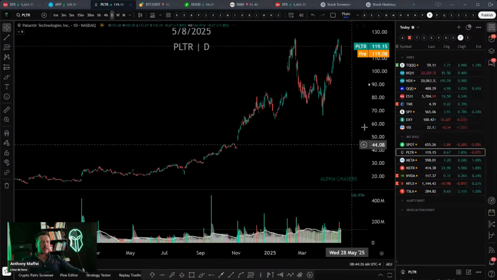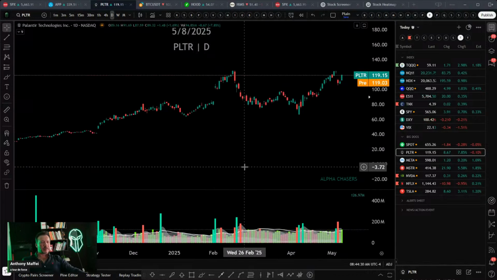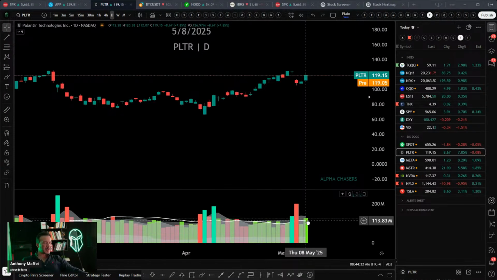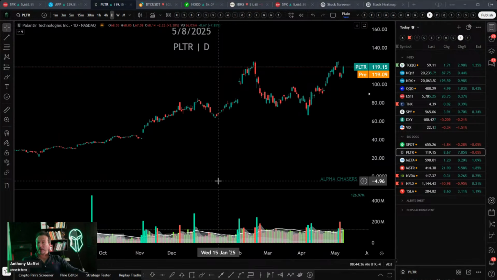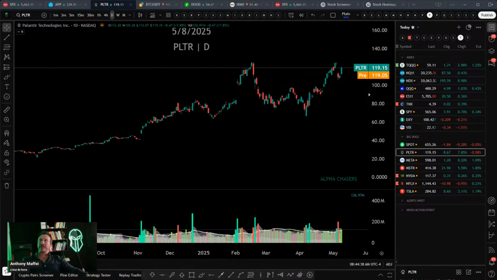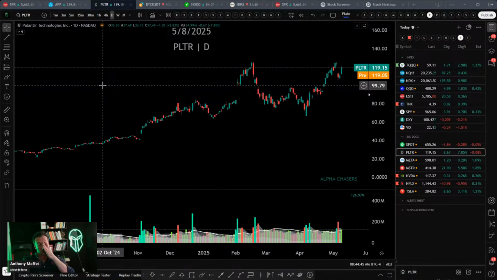I like the way PLTR moved yesterday. I own it. I really like the volume yesterday. Anything like this that's getting above average volume, I think that should be a focal point. I definitely think that should be a focal point for people. And let's go through some of these bigger dogs because you guys are going to ask about them for sure.